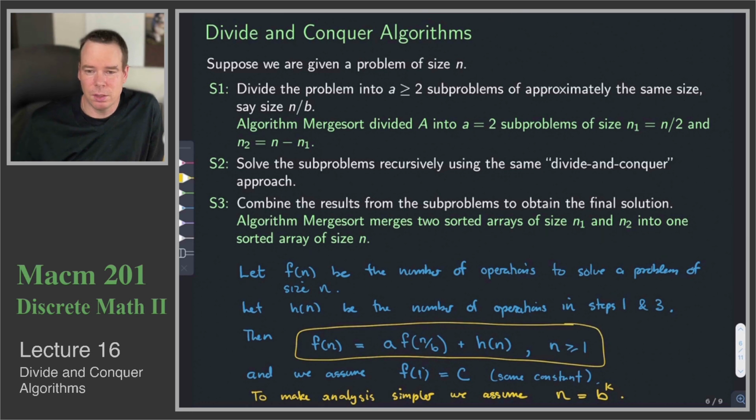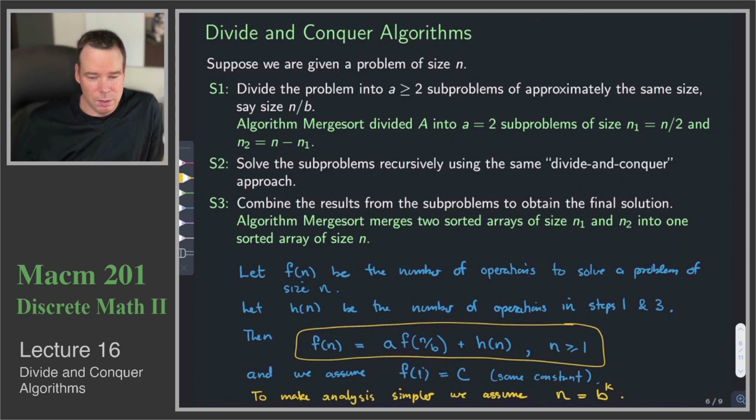So for a divide and conquer algorithm, which is a recursive algorithm, the number of operations is given by this recurrence relation. To figure out the cost of running the algorithm, we would need to solve this recurrence relation for F(n).